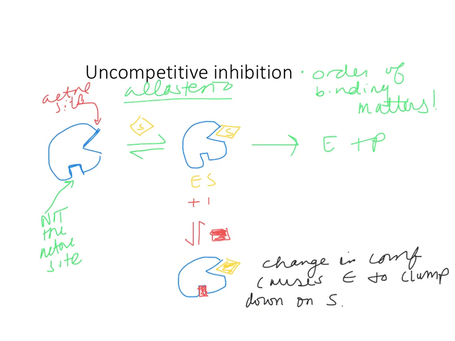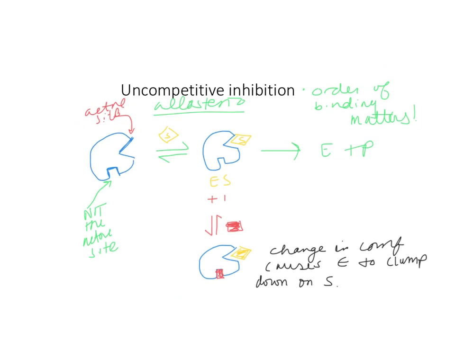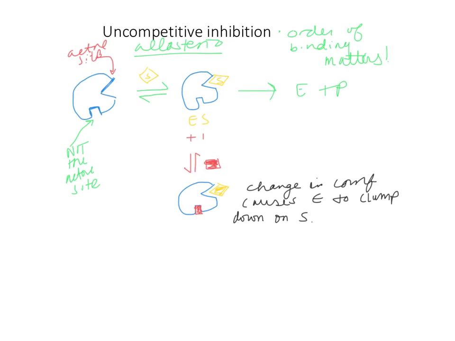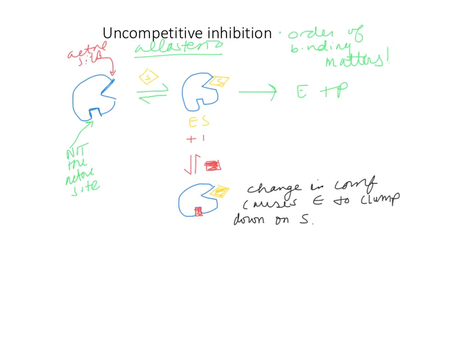And the effect of this is that substrate will either be changed, moved in the active site, so either catalysis does not occur, or it just doesn't leave as frequently, so we've decreased the reversibility of this.